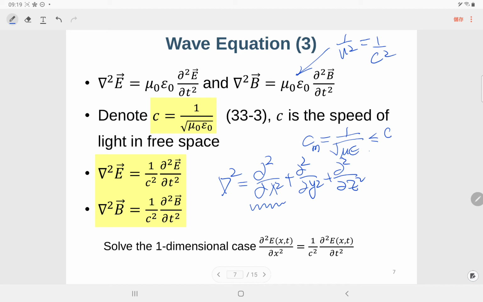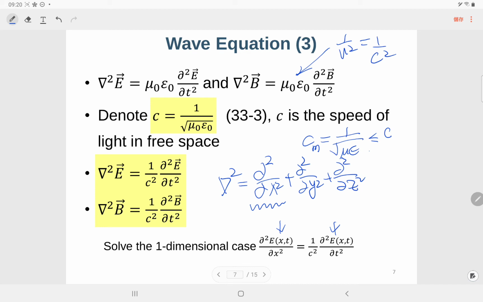Maybe we just rotate the coordinates, so we can solve this in 1 dimension. We assume the EM wave is propagating in the x direction.